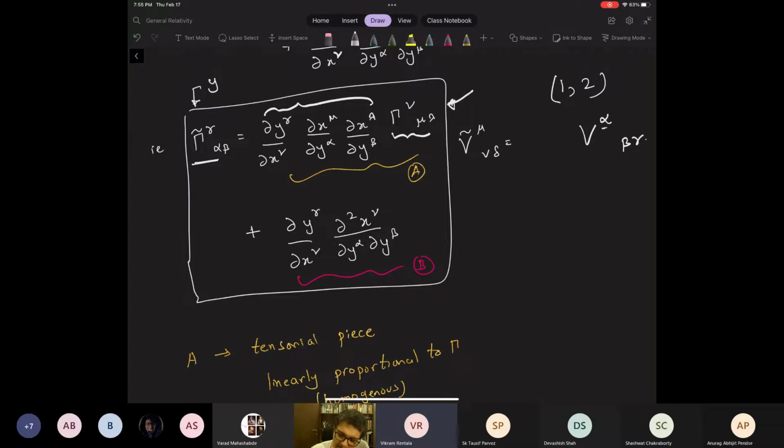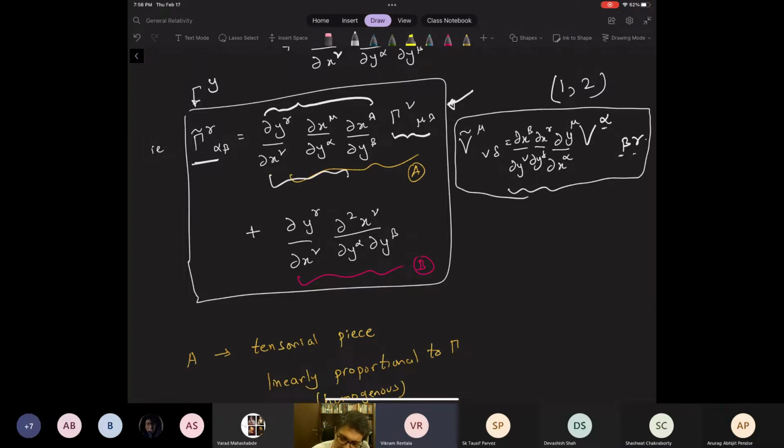So you have to write something like partial x alpha, partial y mu. And for these lower coordinates, you have to use partial x beta, partial y nu, and partial x gamma, partial y delta. So this is the transformation rule for a tensor of type 1, 2.